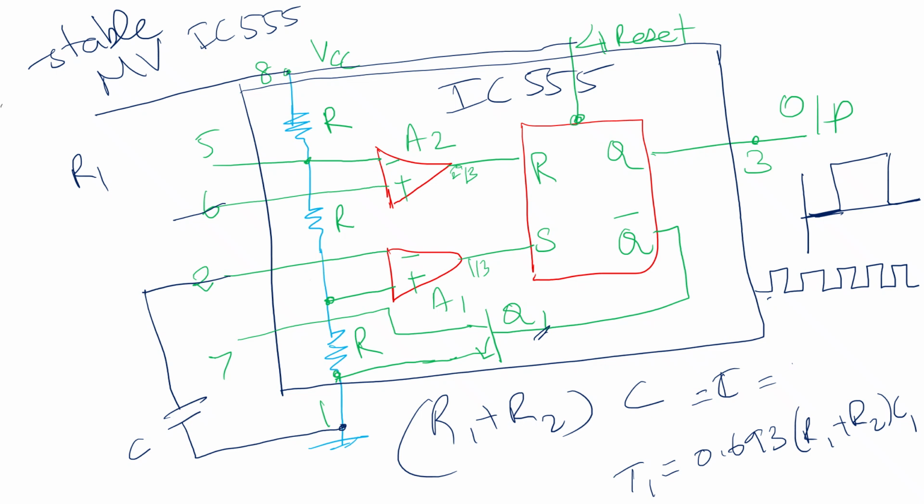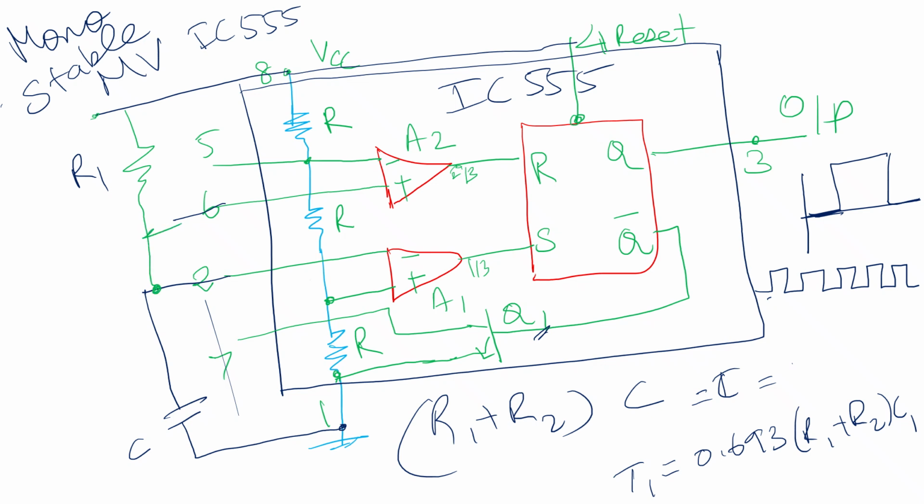So now we are going to discuss monostable multivibrator using IC555 timer. The small modification of this is the plus VCC. Earlier we had two resistors. Now we will be having one resistor connected to the capacitor part like this.